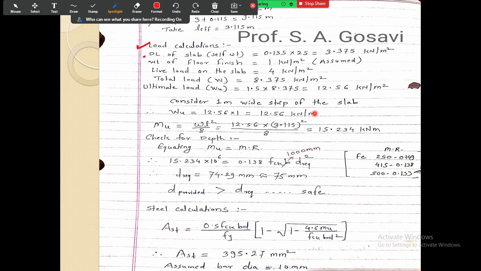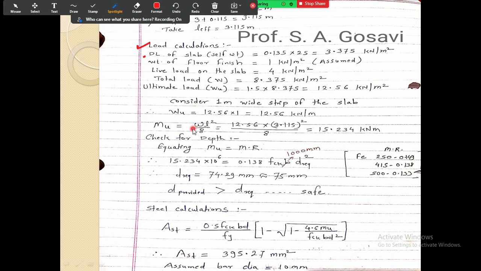Okay, and whatever formulas we have to calculate the bending moment and the shear force are for loads, not for stress. From stress you cannot evaluate the bending moment or shear force. So that is why we want it in kilonewton per meter, so that we can evaluate further.